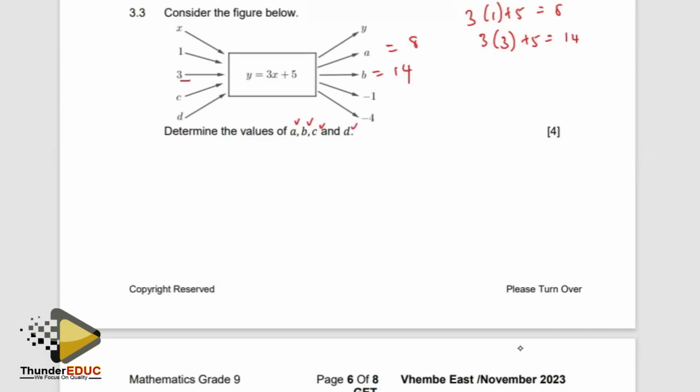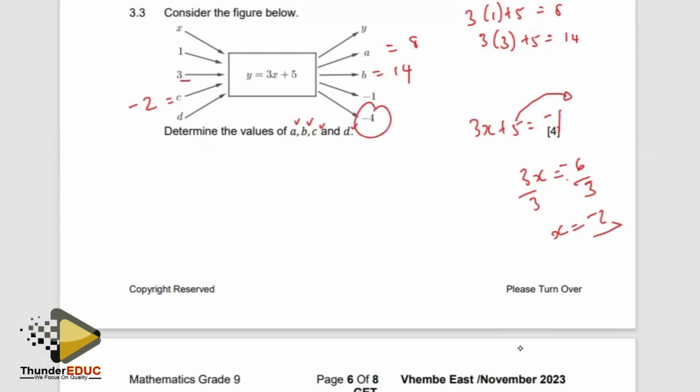And then C, we're using inverse operation. So 3x plus 5 is equal to negative 1. Let's move the 5 that side, which is going to be a negative 6, then divide by 3, which means C is negative 2. So 3x is this, divide by 3, divide by 3. X becomes negative 2. Same applies with D, which is a negative 4.